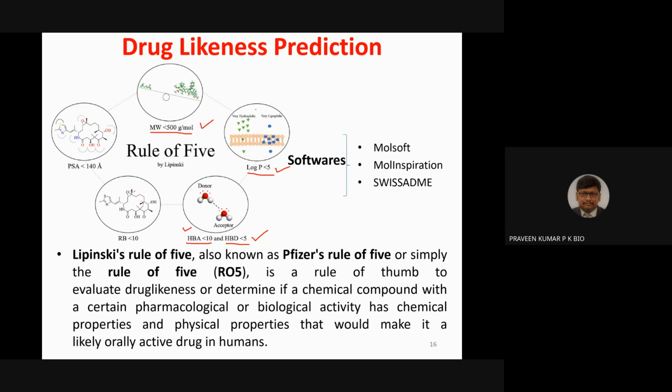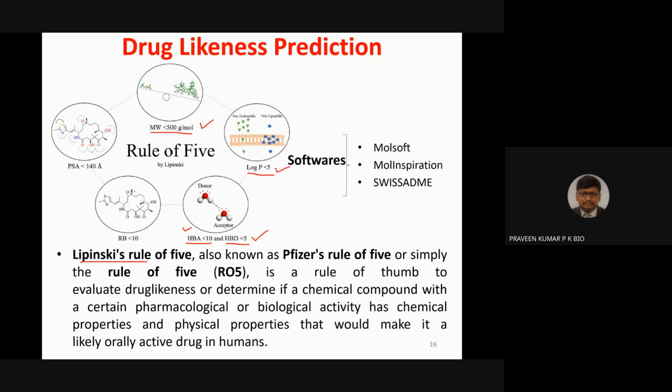So if a compound behaves like a drug, it has to satisfy any three of these rules. And what are the other ones? Rotatable bonds less than 10, and polar surface area less than 140 angstrom. These are the other rules present in other drug likeness filters. Whatever I explained now is about one drug likeness filter, the Lipinski rule of 5.